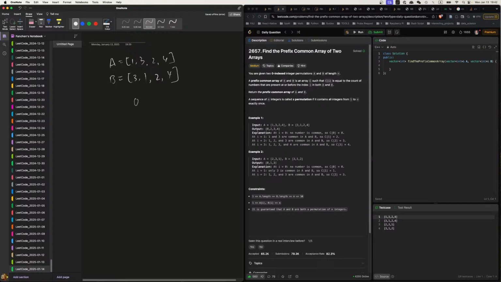So basically we need to know what is common. Well, we can create two sets. That means it exists in this and it also exists in this, right?